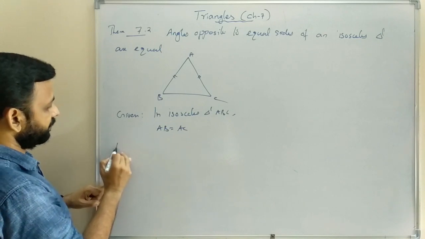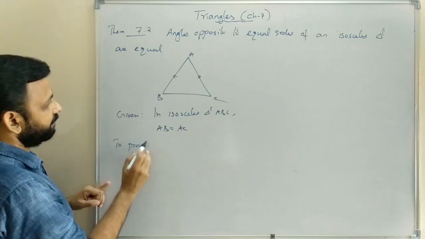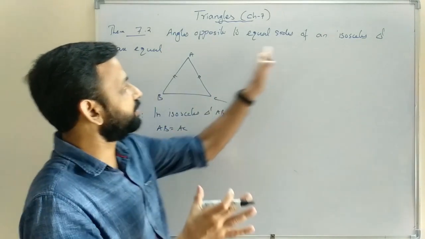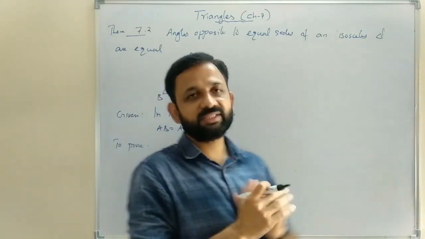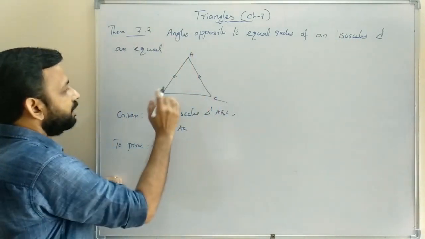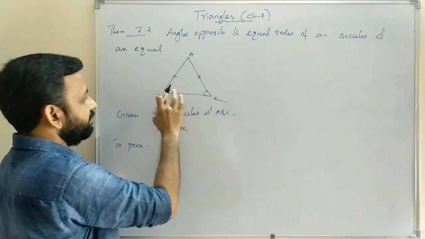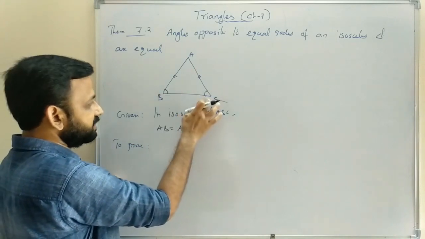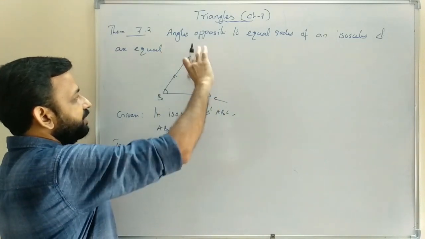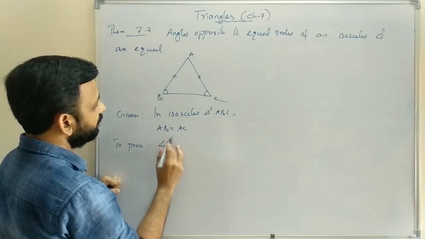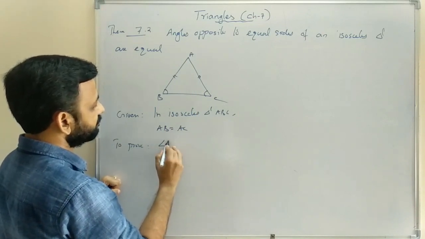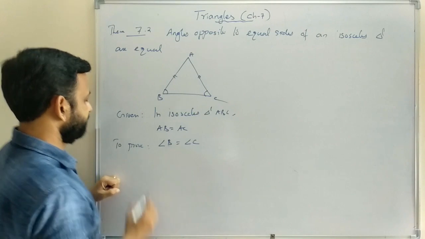And we are going to prove that angles opposite to equal sides are equal. So we have to prove angle B and angle C are equal, because angle B and angle C are the angles opposite to equal sides. So we will prove angle B equals angle C.